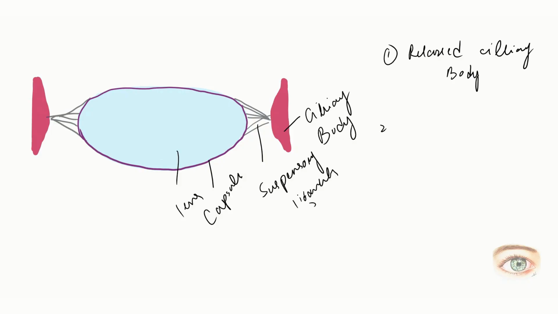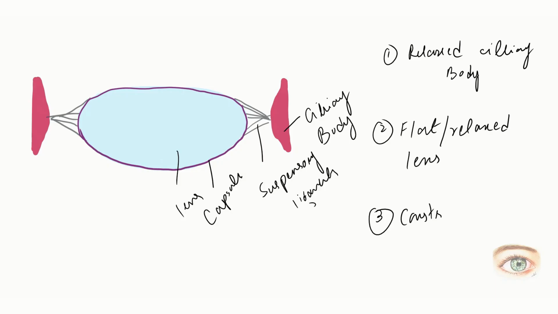The second is a flat or relaxed lens. And the third thing is constricted suspensory ligaments.